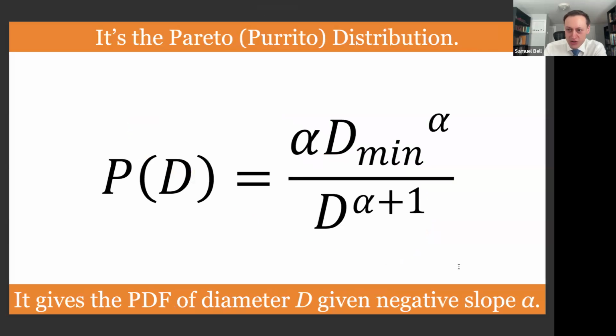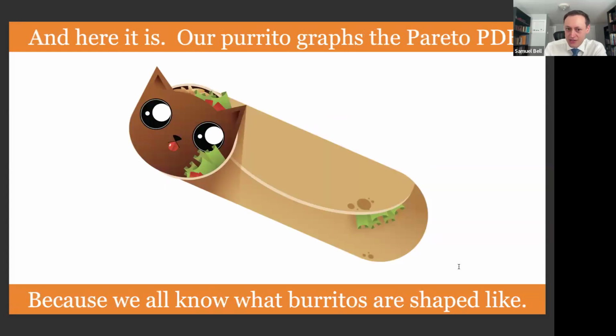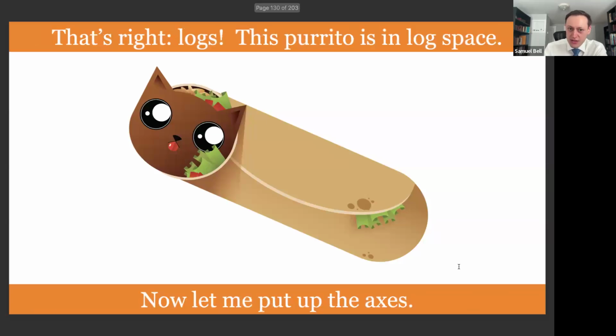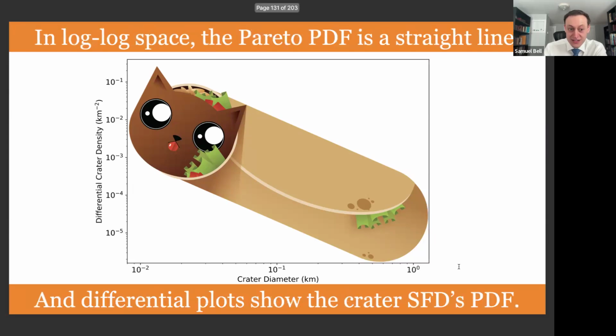It's the Pareto distribution. It gives the probability density function, the PDF of diameter, given negative cumulative plot slope alpha. And here it is. Our Pareto graphs the Pareto PDF because we all know what burritos are shaped like. That's right, logs. This Pareto is in log space. Now let me put up the axes.